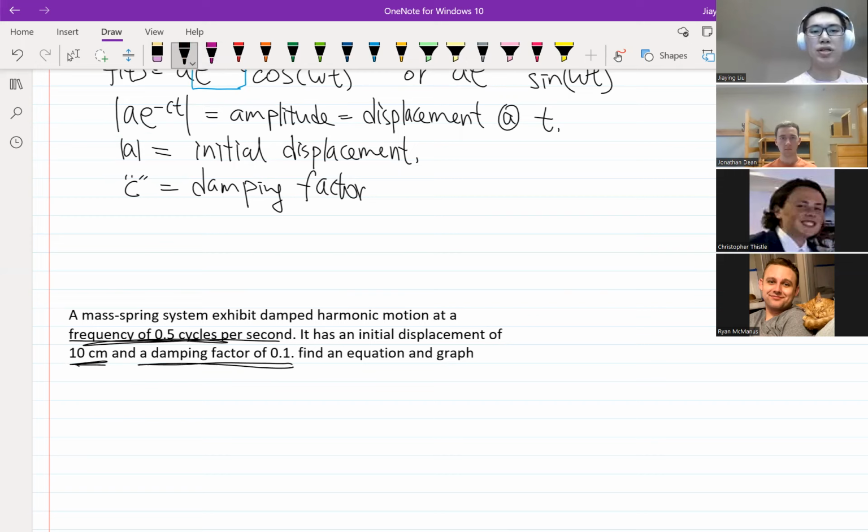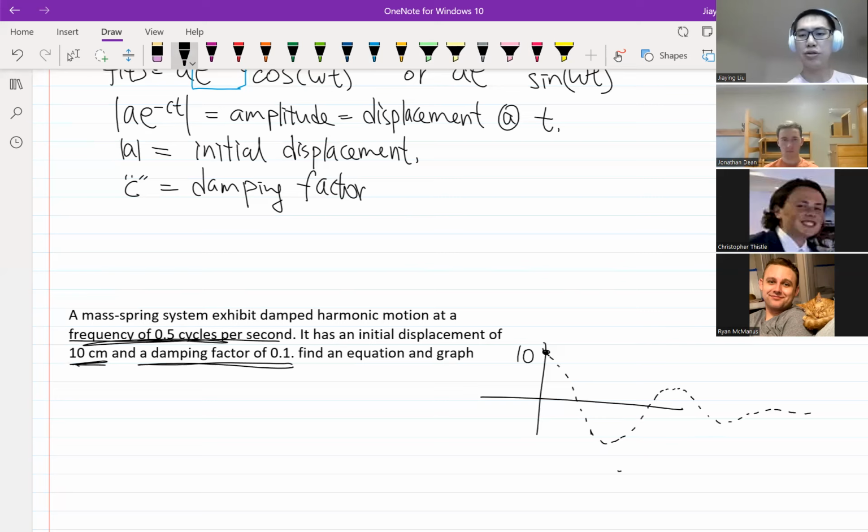So whatever the displacement is, if we were to graph it, initially it begins at 10. And that displacement over time is going to decrease. When it goes back up, it's not going to go that high. It's going to go lower and then lower everywhere. So that's kind of like the graph.